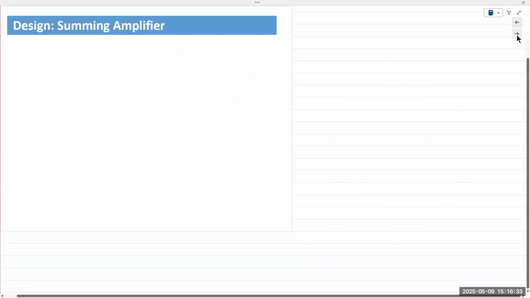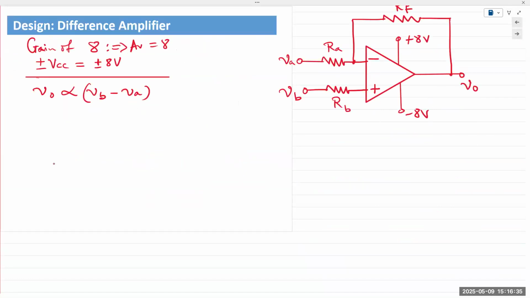So if we wish to use the simplified expression, it is VB minus VA, and the gain can be given by RF over RA, provided we use the circuit this way. And then all of these resistors must be the same, so the ratio must be the same.